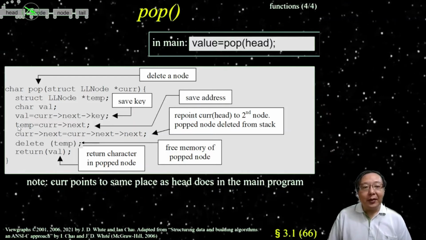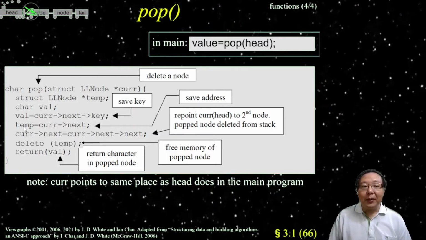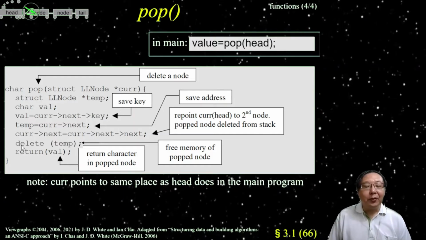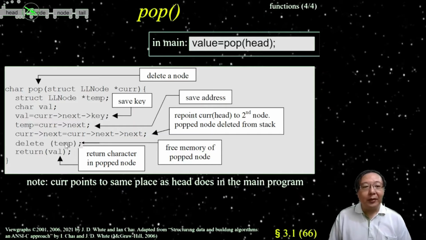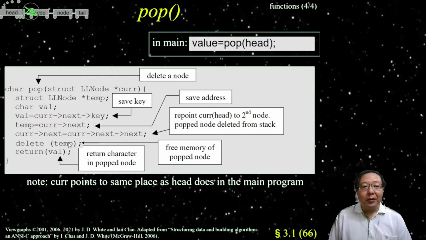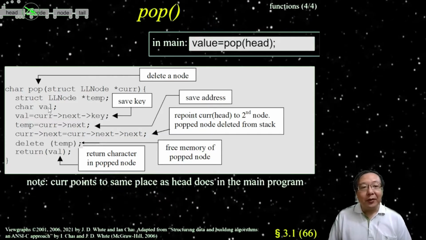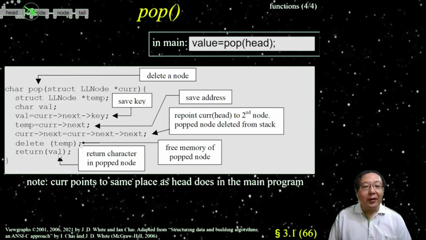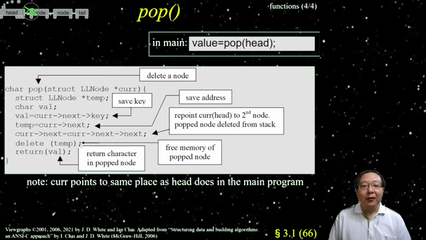We had saved it here using temp so that we can get rid of it later. So after we've skipped it, then we will go to delete that previous top node. That's why we needed to store the value in val, because once it's deleted, it's gone. So that's why we need the val here that we can return then to the calling function.